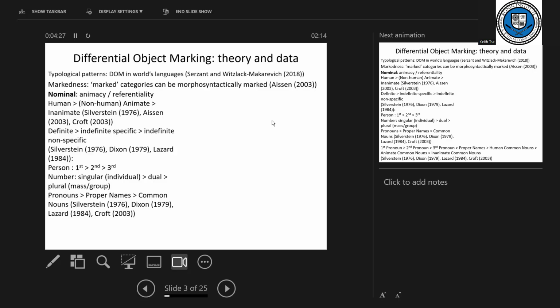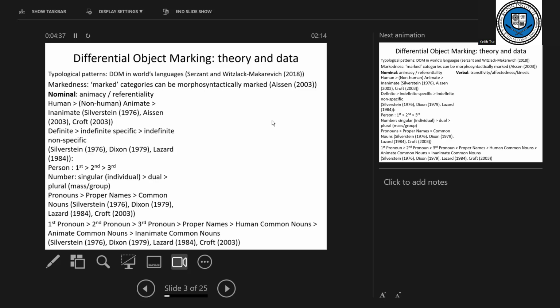Also pronouns, proper names, and common nouns. These are also scales that have been shown to display differential object marking. If you put all of these categories together, some people have tried to form a big hierarchy for the nominal domain, something like this: pronouns, then proper names, then human common nouns, animate common nouns, and finally inanimate.